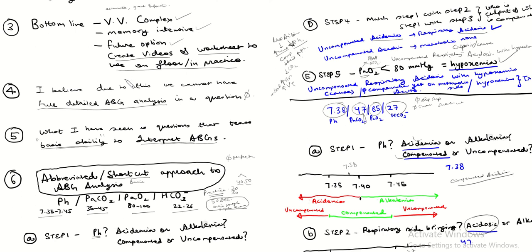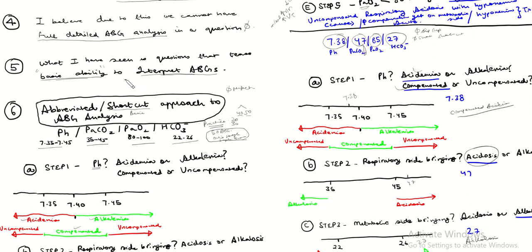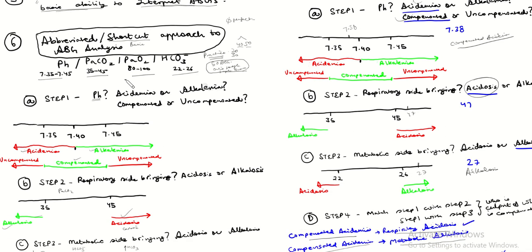What we may be asked in our school exams could be a basic ability to interpret ABGs. And the basic, non-perfect, shortcut approach to ABG, which is simple, is to look at pH and see whether it's compensated or uncompensated, and whether the pH is acidemic or alkalemic.